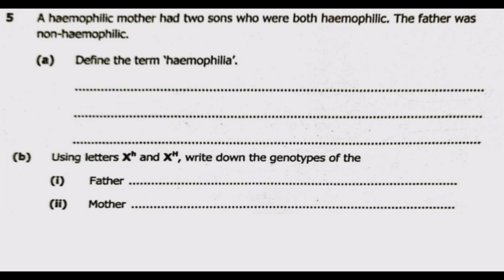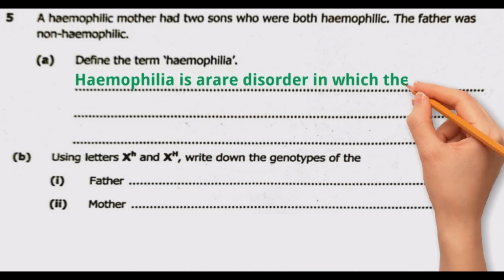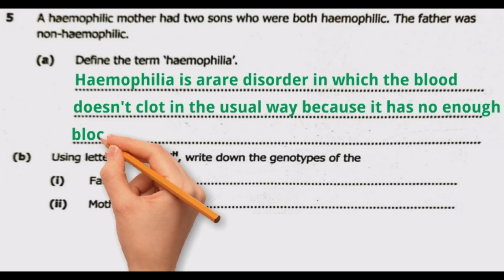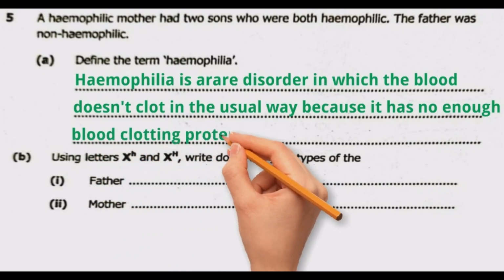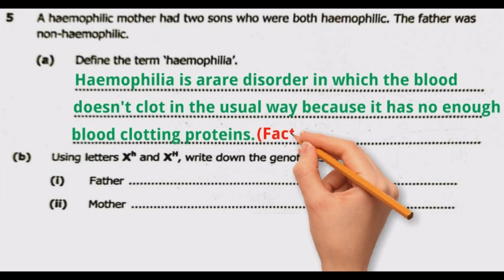Question 5a. Define the term hemophilia. Hemophilia is a rare disorder in which the blood doesn't clot in the usual way because it has not enough blood clotting proteins. When you talk about blood clotting proteins, we are talking about factor 8.